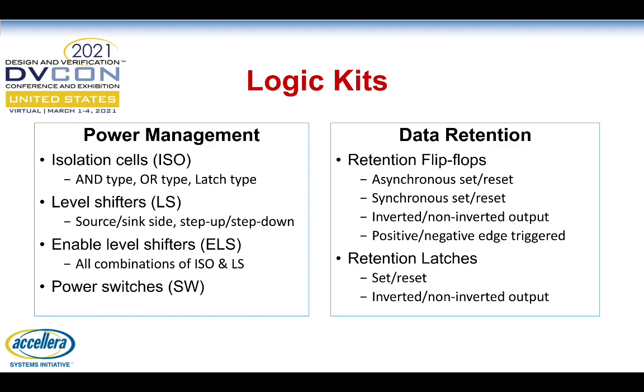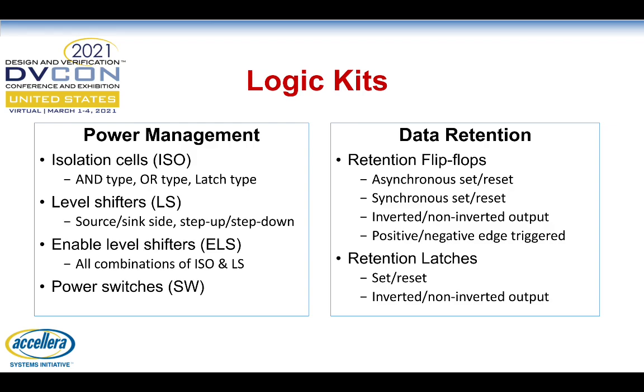In cases where a signal has to cross from a power gated domain to another domain at a different voltage level, enable level shifters are required. Power switches are used to gate power to design blocks. And in the data retention logic kit, we have special flip-flops and latches which can store their states when the block in which they are present is powered down and restore their states back when the power is up.